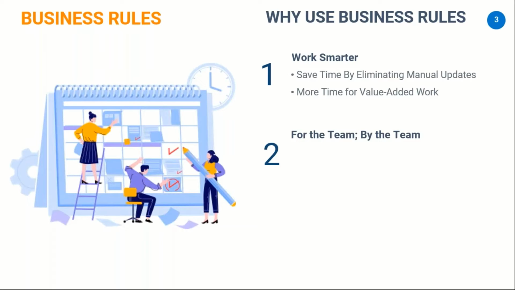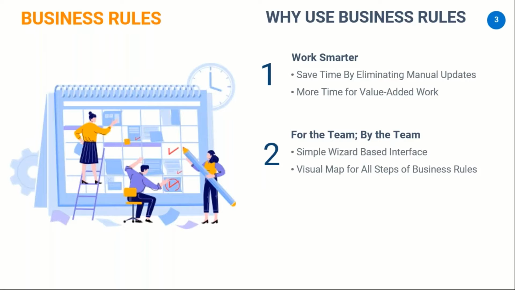Secondly, this is built for the team and by the team. All that you need to do is go into this feature module and start using it right away. You do not have to spend time getting trained or learning a new configuration language in order to set up any of these business rules. This is a do-it-yourself setup.